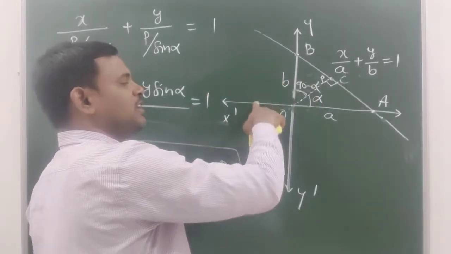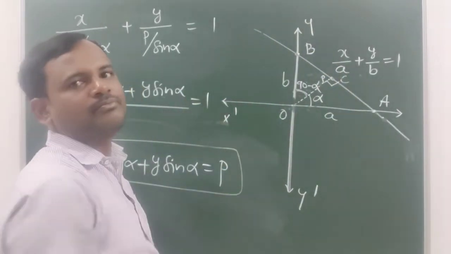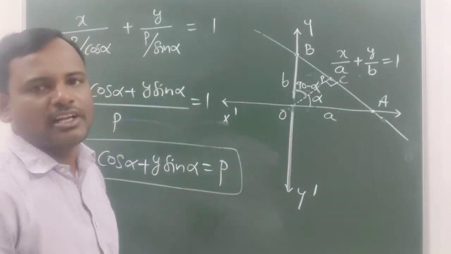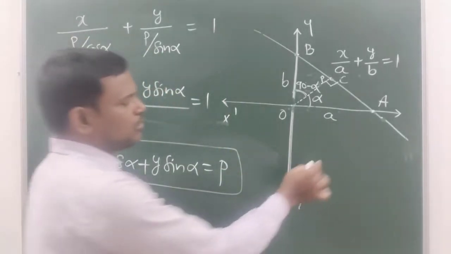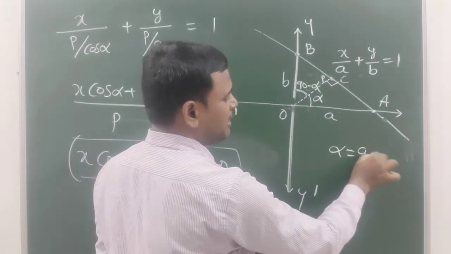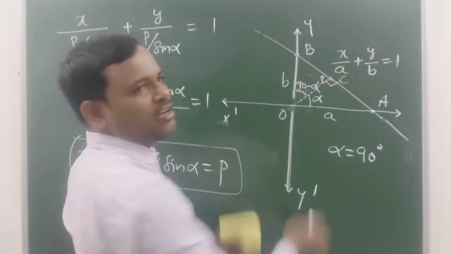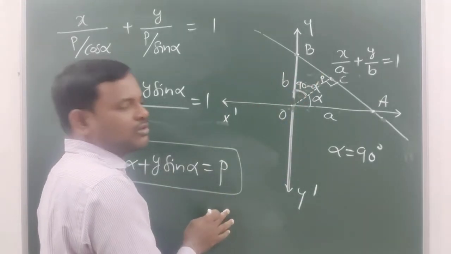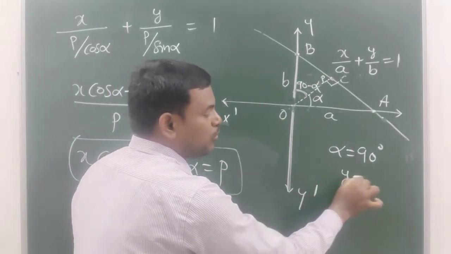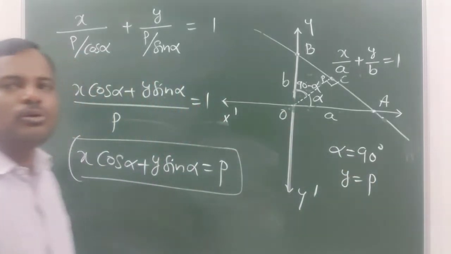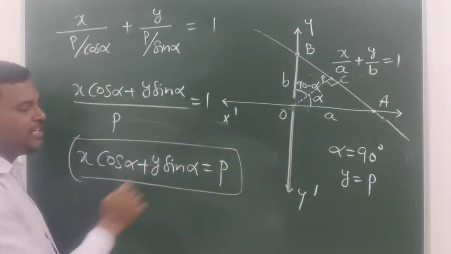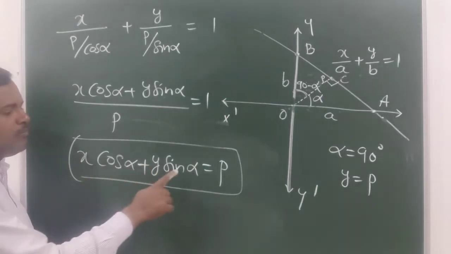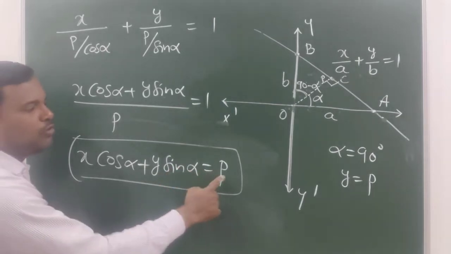If alpha is 180 degrees, you get the vertical line. If alpha is 270 degrees, again you get the horizontal line. If alpha is 90 degrees, the horizontal line has the equation y equal to p. When you write alpha as 90 here, cos becomes 0 and sin becomes 1, and we get y equal to p.